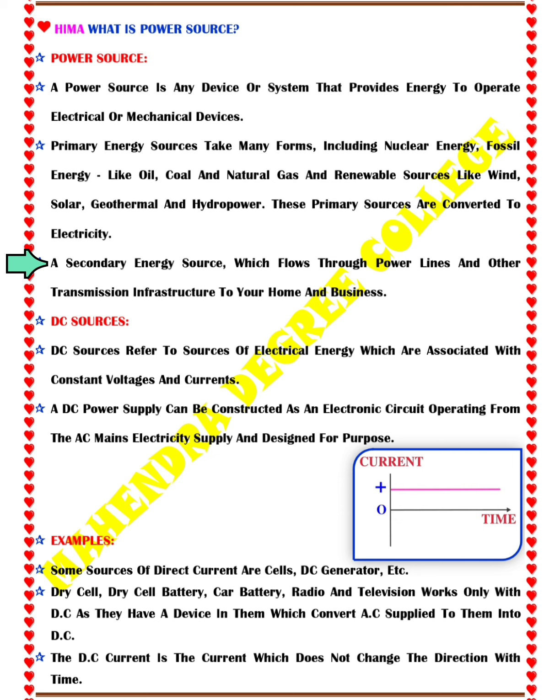A secondary source means converted from a primary source, like electricity. Electricity is a secondary energy source because it's made from other energy forms and then transmitted to users.